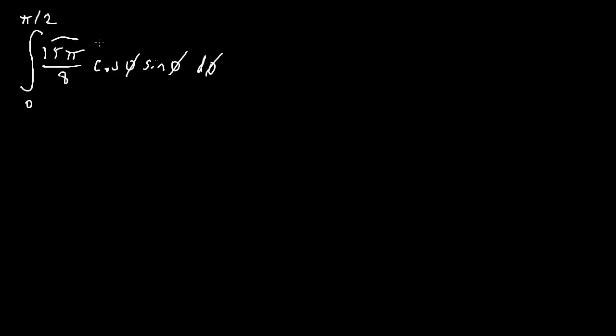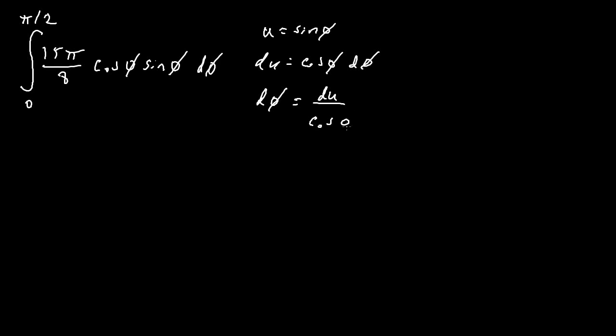Now 15 pi over 8 is just a constant, so for the integral of cosine phi sine of phi, I just have to use u substitution here. If I say u equals sine of phi, then du is going to be cosine phi d phi. If I isolate d phi, it is going to be equal to du over cosine of phi.